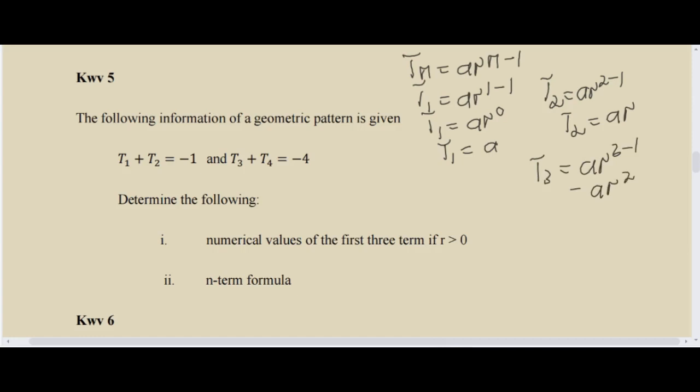Now, if you already see the trend, look at this. If you are looking for T2, then you have R to the exponent of 1. If you are looking for T3, you have AR to the exponent of 2. That means T4 would be what? AR to the exponent of 3. Now, if we can even play along with it, your T100 would be what? AR to the exponent of 99.